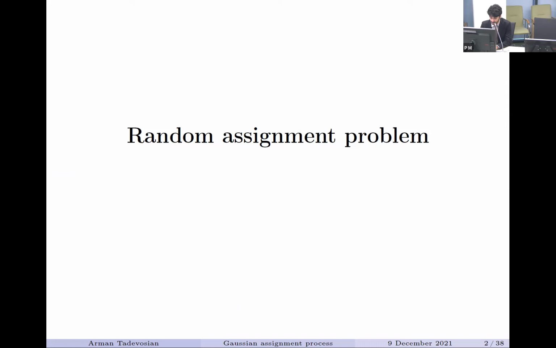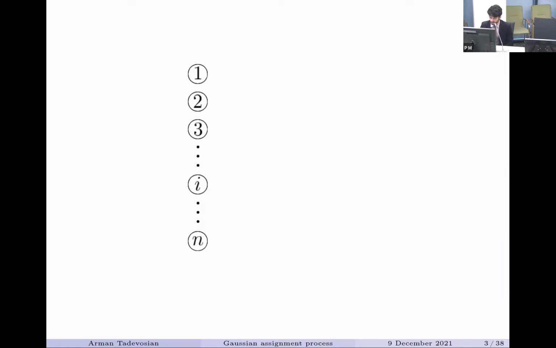Firstly, I will introduce you to the statement of the random assignment problem. Suppose that we have n workers or n employees and n jobs that should be completed by the employees.